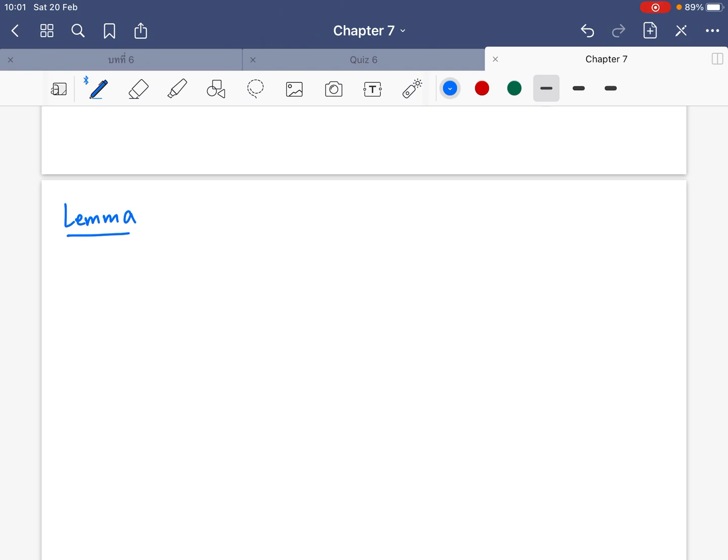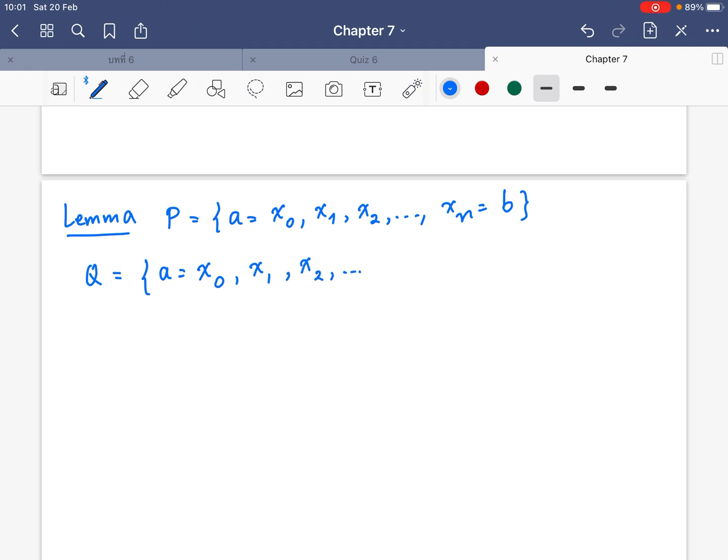Okay, so let P be a partition of a, b, which starts from x0, x1, x2, etc. to xn, and your x0 is a, your xn is b. And Q is also a partition of your closed interval from a to b, which starts again from x0.